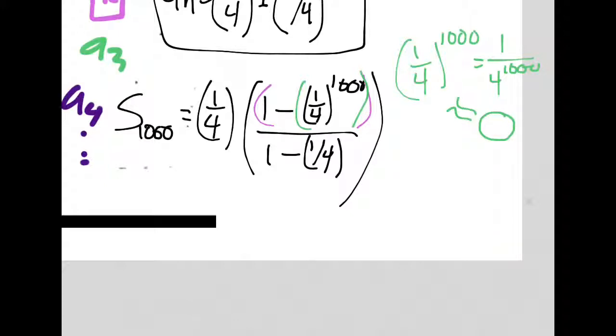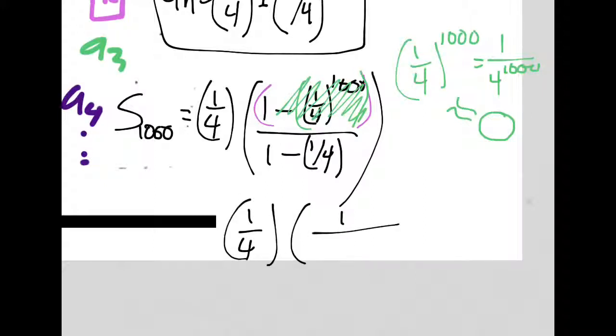And imagine if we plugged in an even bigger number, since we're really talking about an infinite limit. Imagine if it was 1 billion. 1/4 to the 1 billion is even closer to 0. So essentially, this whole term right there goes to 0 and goes away and doesn't affect this. So really what we have is just this, 1/4 times this expression, 1 divided by 1 minus 1/4.